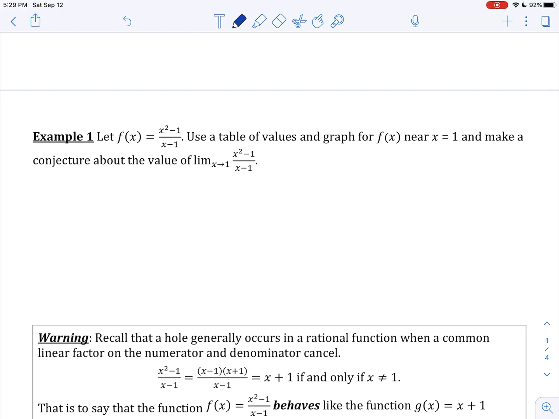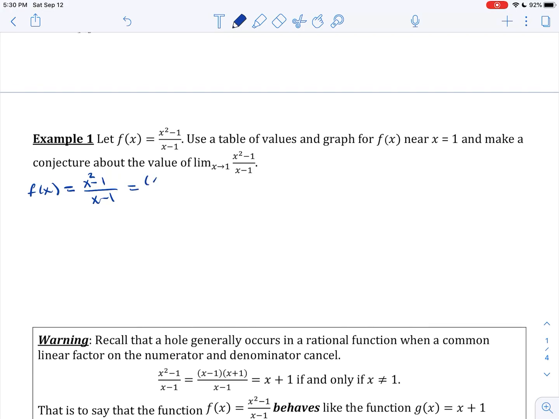Now, I can actually give you some foreshadowing and help you calculate a graph pretty quickly if you remember your basic graphs from pre-calculus. We note that f of x is equal to x squared minus 1 over x minus 1. I can simplify that rational function by factoring the numerator and factoring the denominator, which is already prime.